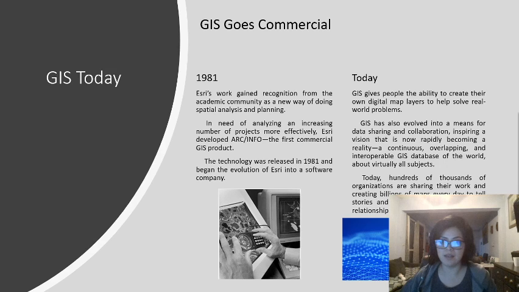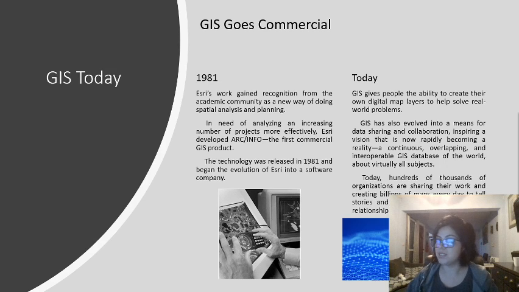Next slide. Now, in 1981, ESRI began gaining recognition from the academic community, and now they were recognized as the new way of doing spatial analysis and planning. And that's when this technology was released and began to evolve as a software company. It's the first time that the GIS system went commercial.